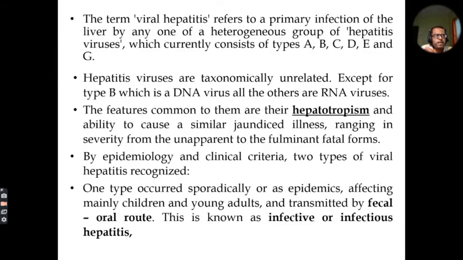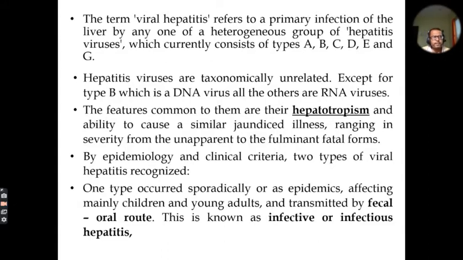Hepatotropism means these viruses have a particular affinity towards the liver of human beings, the human liver only. So the term hepatotropism means this group of viruses have affinity towards the cells of the liver.